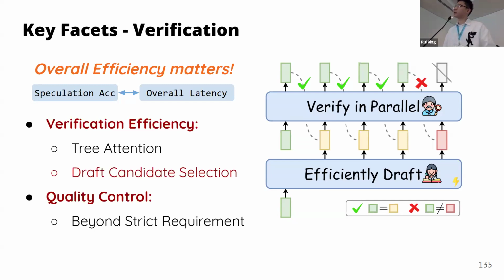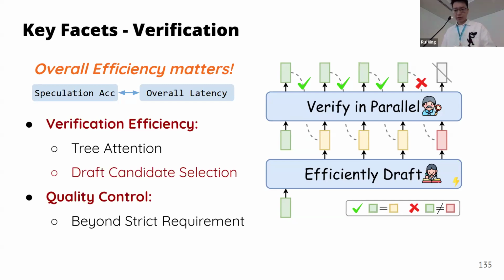Because if you increase the capacity of the verification process, if you verify as many tokens as possible in parallel, maybe you can increase the tokens that pass the verification, right? However, you should also consider the verification latency, right? It is also considered in the overall latency and will influence the overall efficiency of the system.